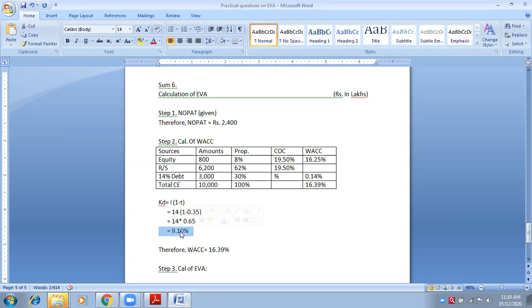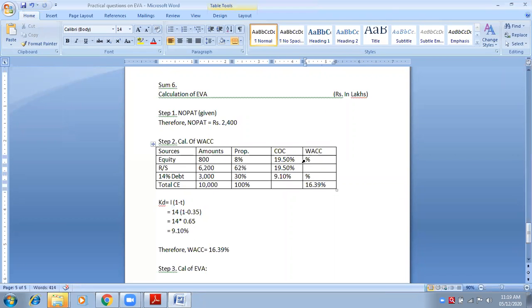The formula is I into 1 minus T. I is interest, 14 percent. 1 minus T is 1 minus 0.35, that is 0.65. When we multiply 14 with 0.65, we get the post-tax cost of debt, that is 9.10. Now you will be able to solve further.